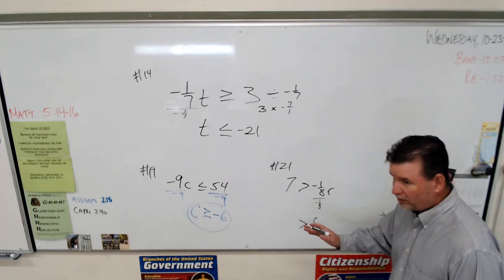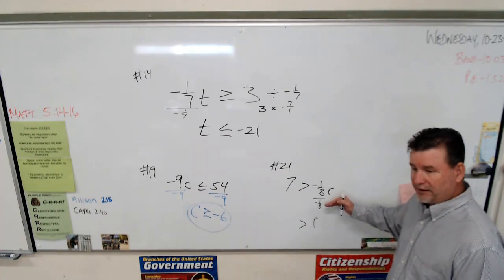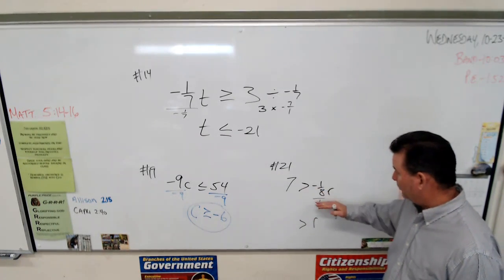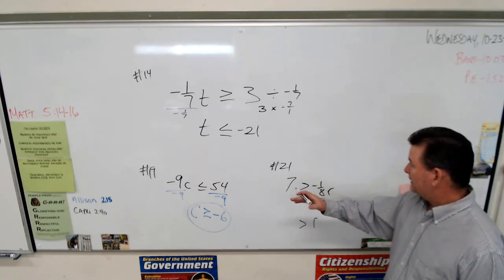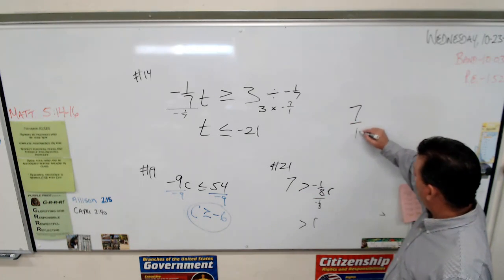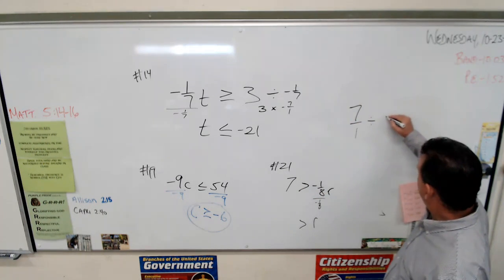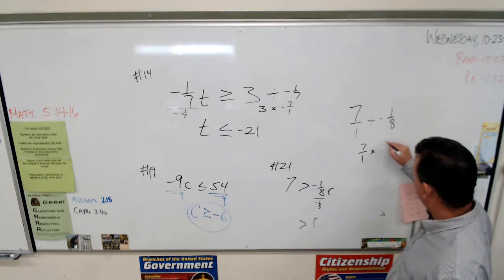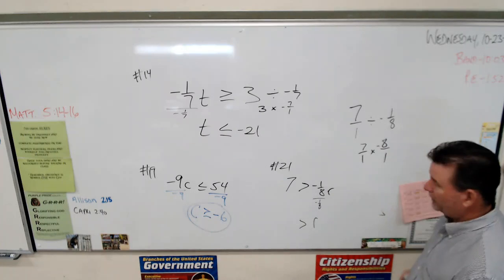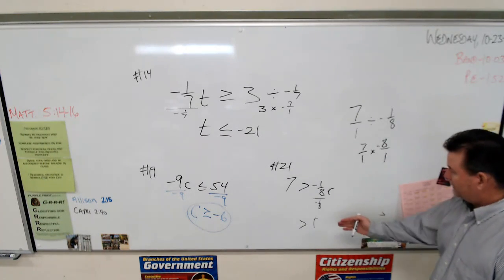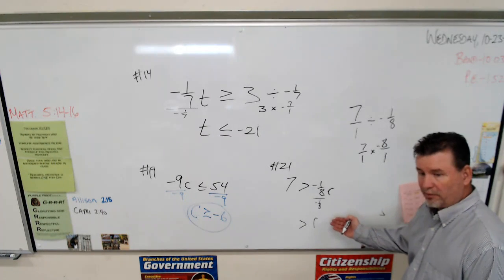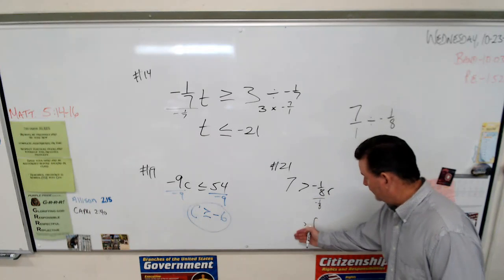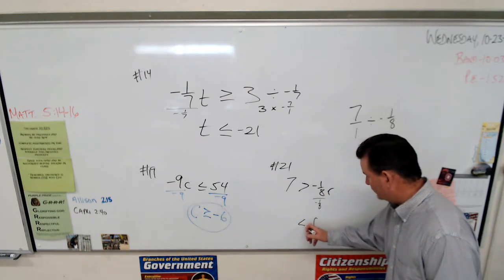So far. But watch, Jaden. If I say I gotta do the same thing to both sides, 7/1 divided by -1/8 is actually 7/1 times -8/1. And since I'm doing my division by a negative, this sign has to change.